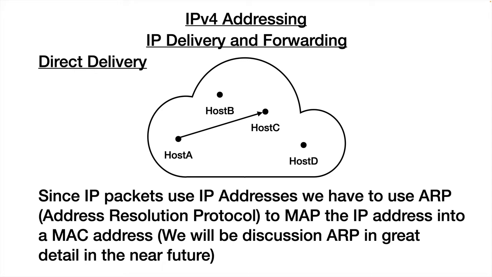Since IP packets use IP addresses, we have to use ARP, Address Resolution Protocol, to map the IP address of the destination into a MAC address. We'll be discussing ARP in great detail in an upcoming video.